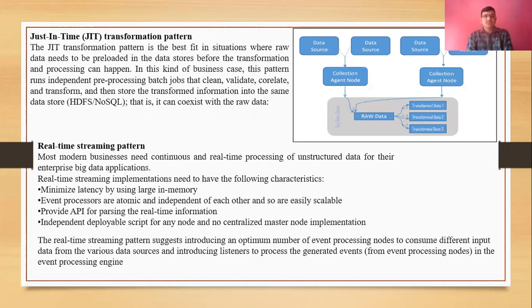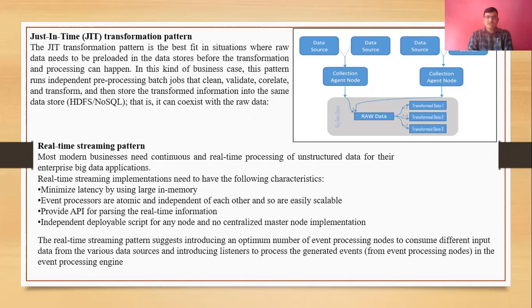Next, just-in-time transformation pattern. The JIT transformation pattern is the best fit in the situation where raw data needs to be preloaded in the data source before the transformation and processing can happen.